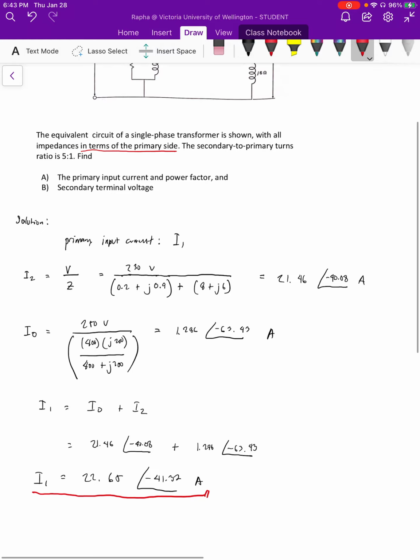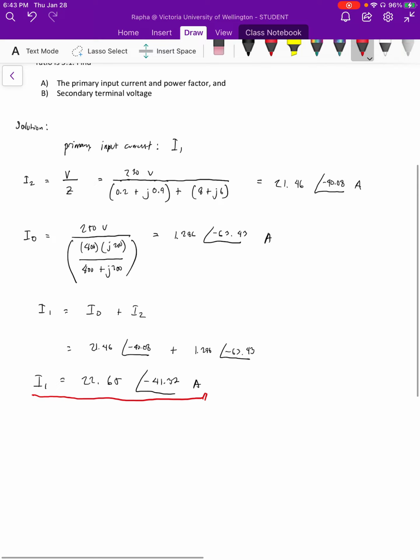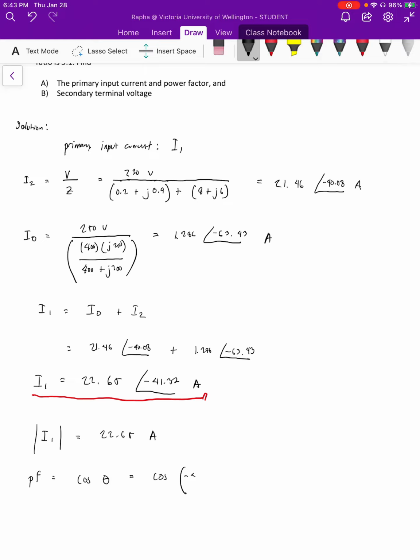The scalar quantity of our I1 is 22.65 amperes. And then the power factor PF is equal to cosine theta, cosine of negative 41.32, which is equal to 0.75.